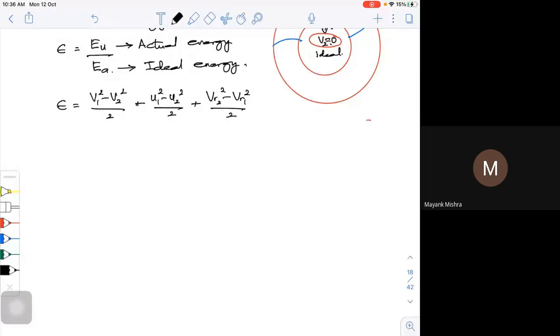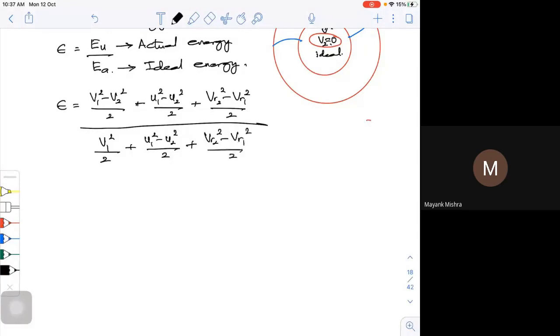This is your actual energy, divided by V1 square by 2 plus U1 square minus U2 square by 2 plus VR2 square minus VR1 square by 2. I don't have V2 square in the denominator because V2 is 0 in the ideal condition.